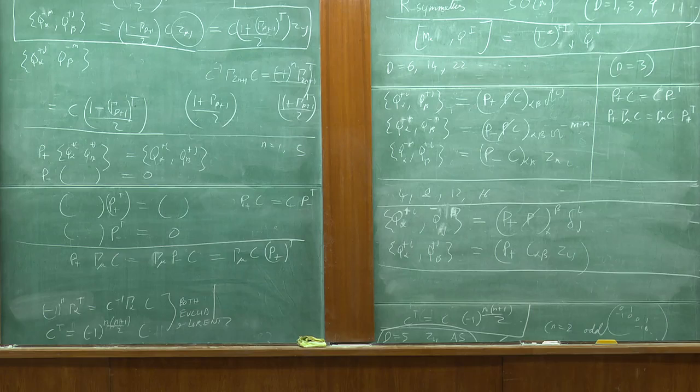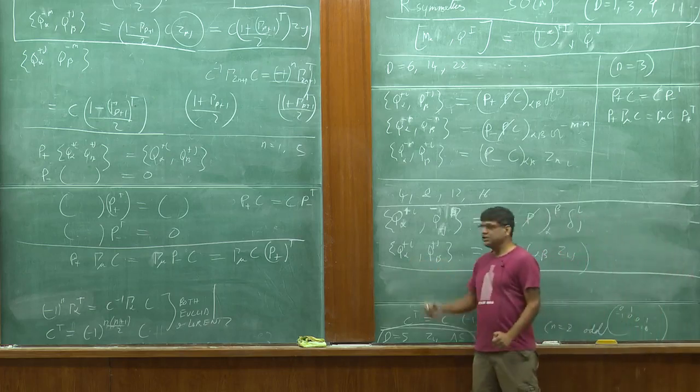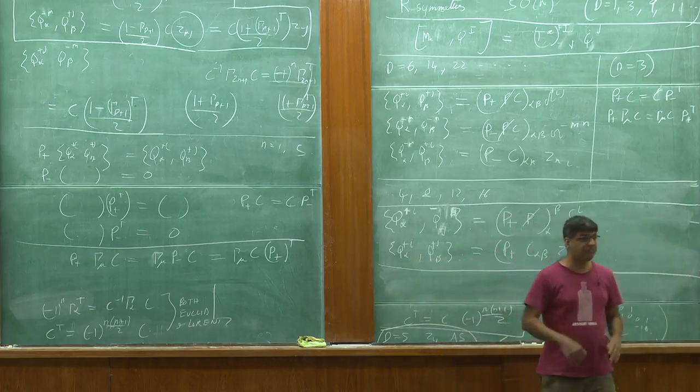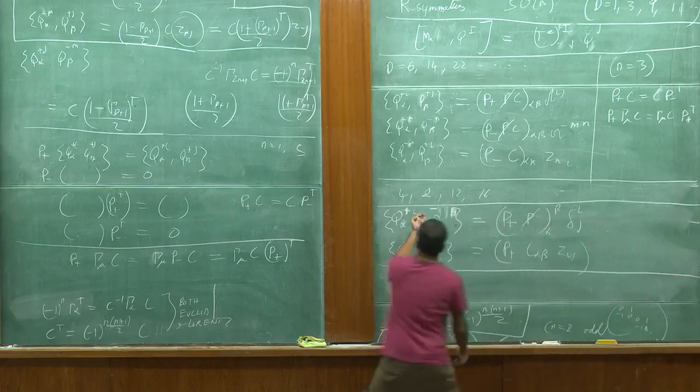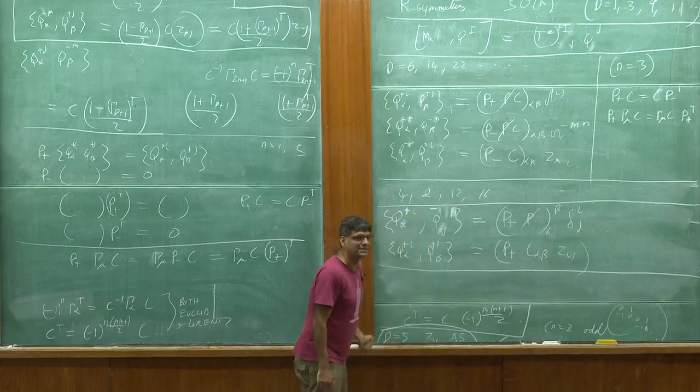So what happened to Q bar and Q bar? Well, that you get by taking the complex conjugate of this. So I'm not writing it down as an independent relation, you can figure it out from what I've written. So the independent information is these two things.